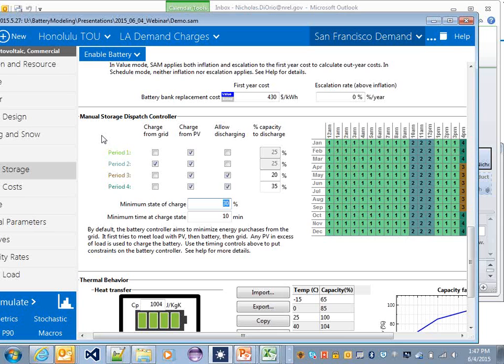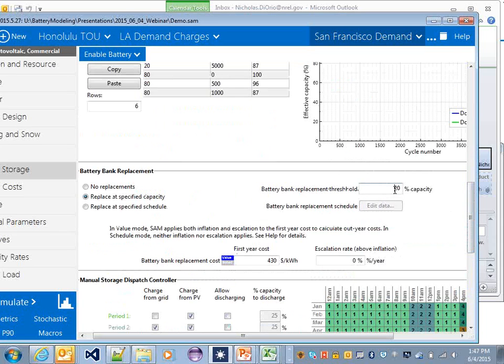And to reiterate, this replacement capacity is basically a maximum capacity, so it's 20% of the original maximum capacity. As you degrade the battery, you're going to have to choose at what point it's no longer acceptable from a performance standpoint. So I hope that gets to your question.